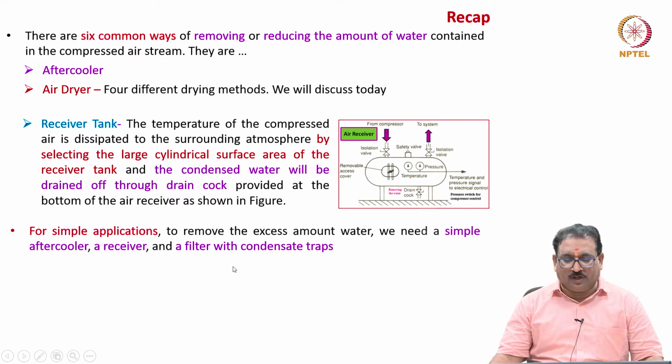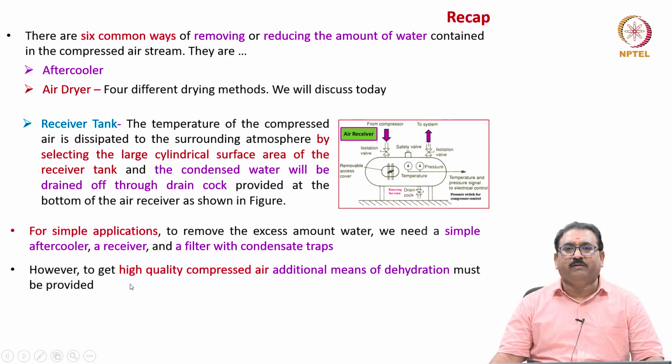For simple applications, to remove the excess amount of water, we need a simple aftercooler, a receiver and a filter with condensate traps. However, to get high quality compressed air, additional means of dehydration must be provided.